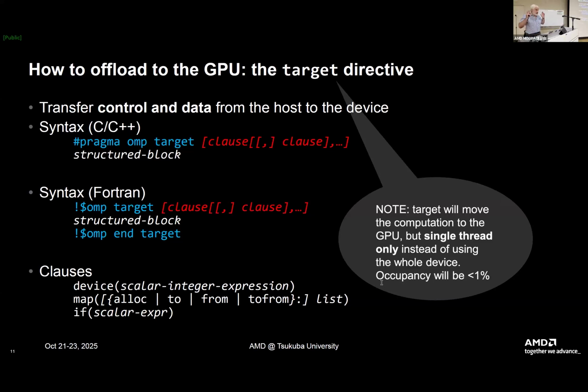So it's trying to keep a high level view of it and just say, offload this to my compute device. In C++, we can do a structured block using braces. In Fortran, you may need the target and end target to define the structured block.